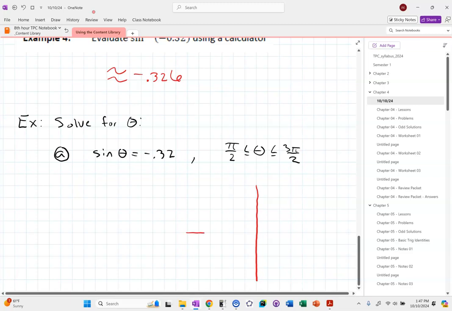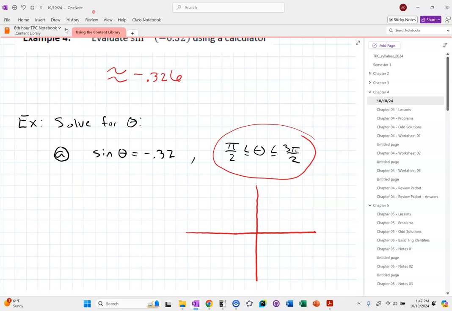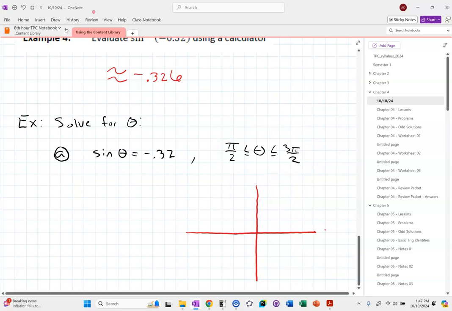So I'm going to make myself an XY axis. If I look at my inequality, it's telling me that my answer for theta is going to be positive, right? So when I'm drawing my standard position angle, and my angle's positive, I'm going counterclockwise. So I'm going to start here, and I'm just going to count by each quadrant.